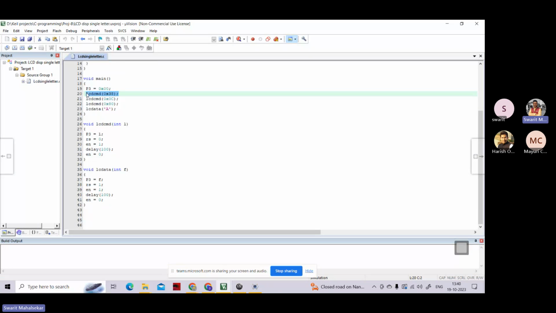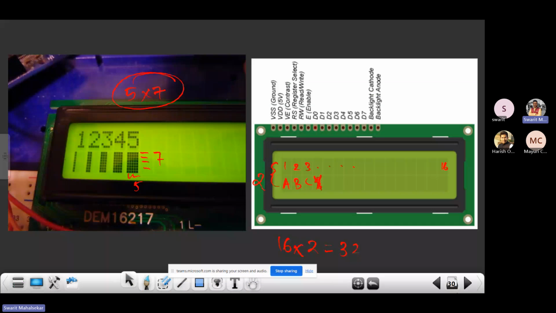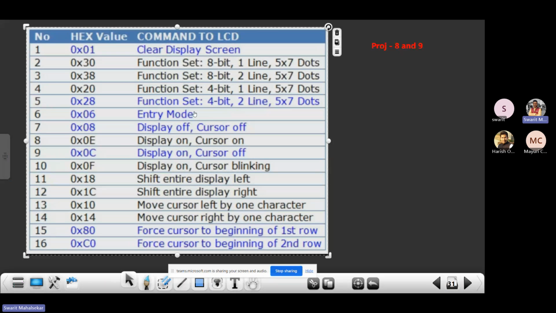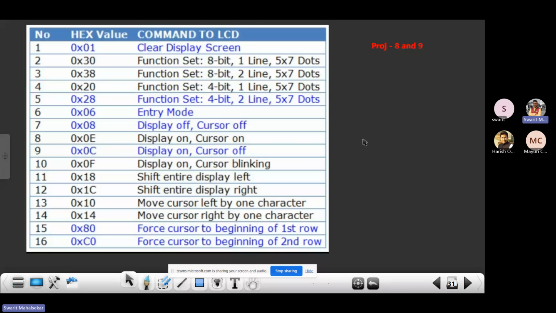Now we need to understand what exactly is happening over here. For that, let me go onto the blackboard. These are the commands which we need to give to the LCD to operate it. I had given this command, 0x38. That means function set: 8-bit, 2 line, 5 by 7 dots.